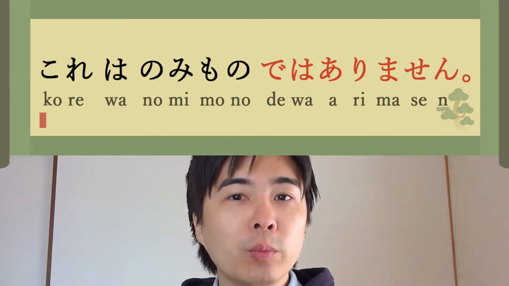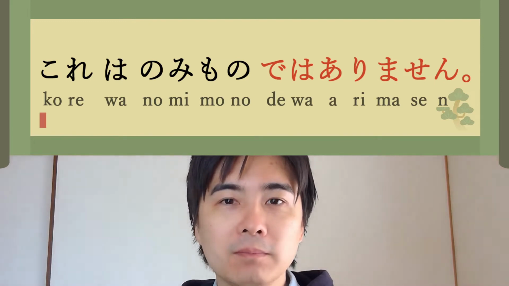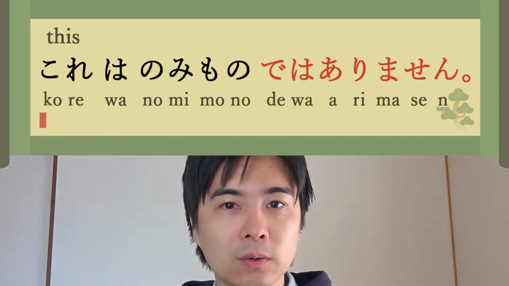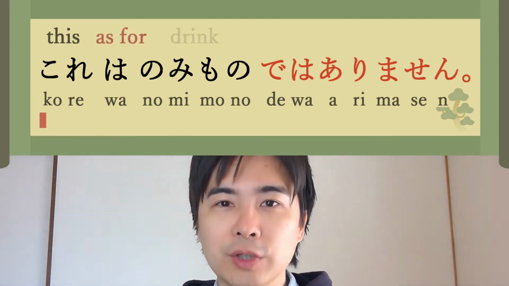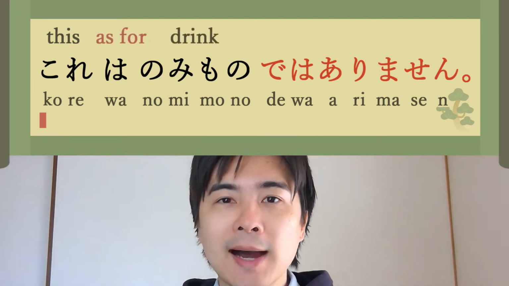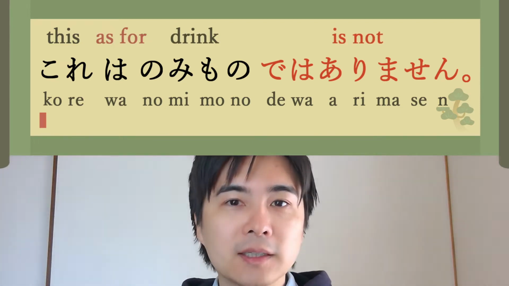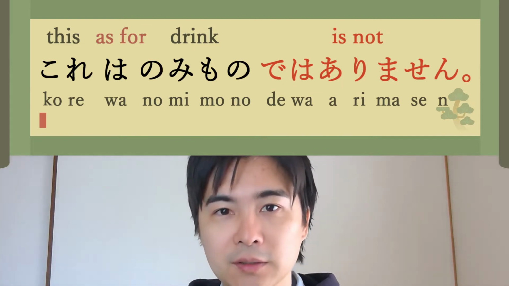これ means this. は is a topic marking particle meaning as for. 飲み物 means drink. ではありません means is not in this case. So this means as for this, it is not a drink.